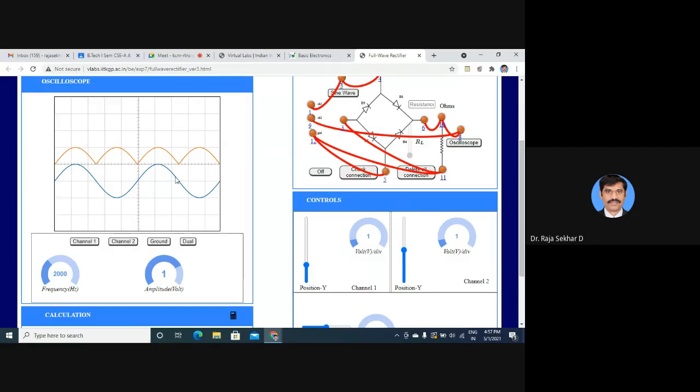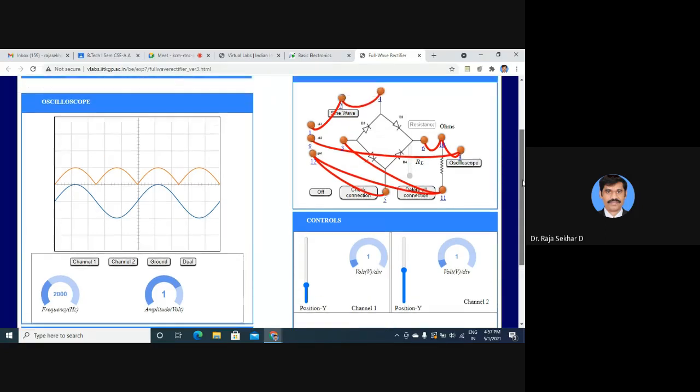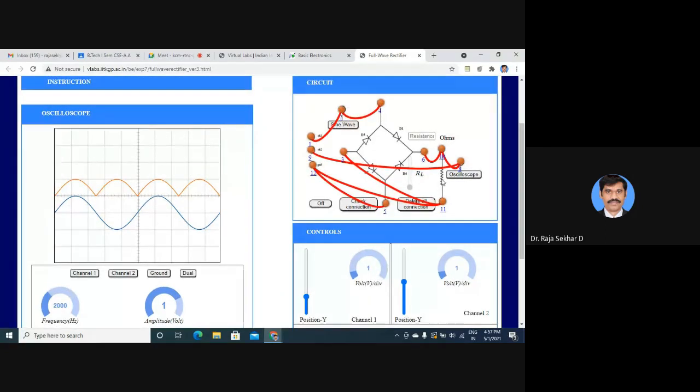So this one is the input signal and this is the output signal. Here the resistance is not valid.